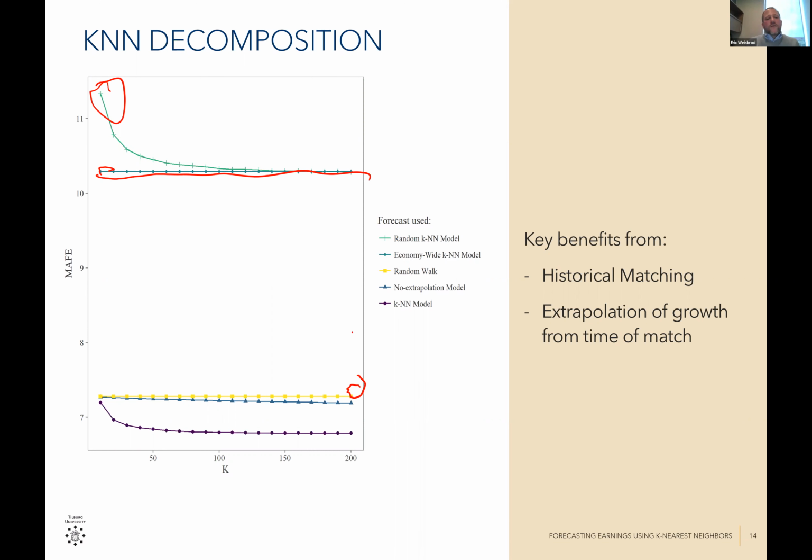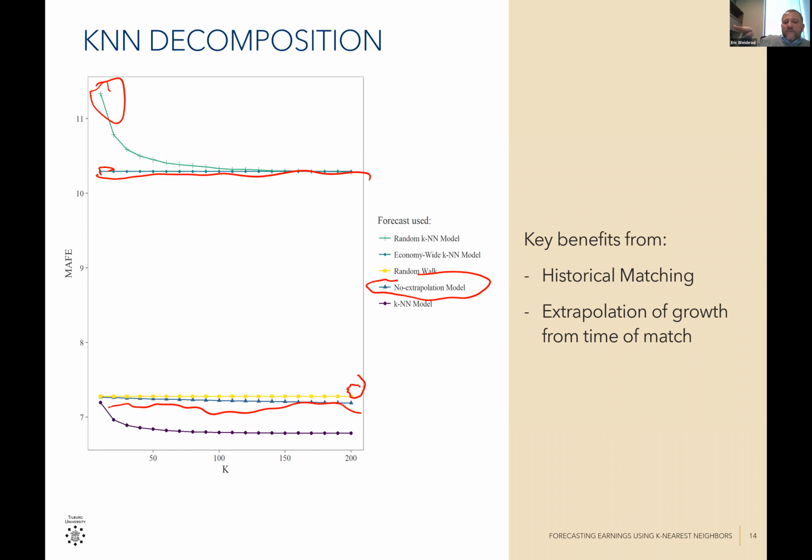So we ask, what is it that allows our method to beat the random walk? This blue line is where we take nearest neighbors, but instead of looking at the next year of those neighbors, we compare year T of our subject firm to the median of year T across the neighbors.